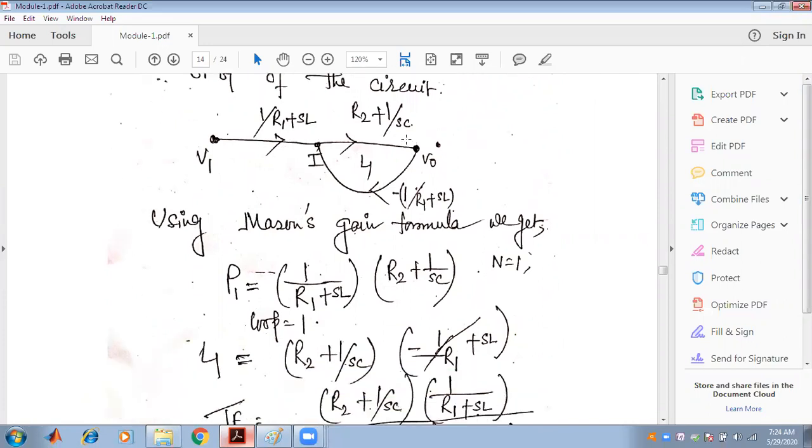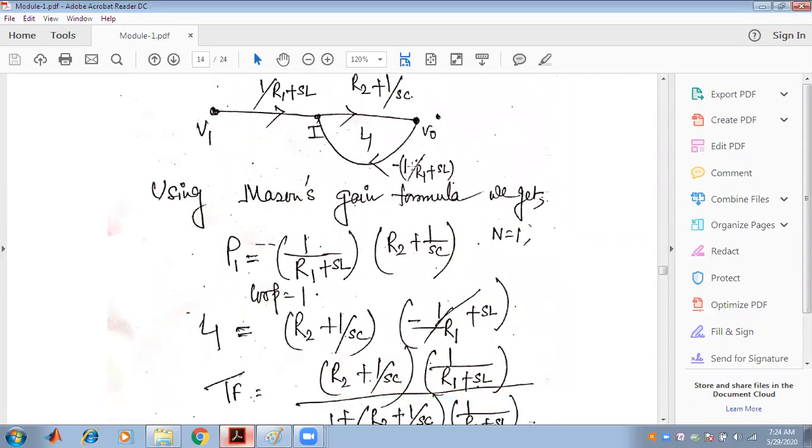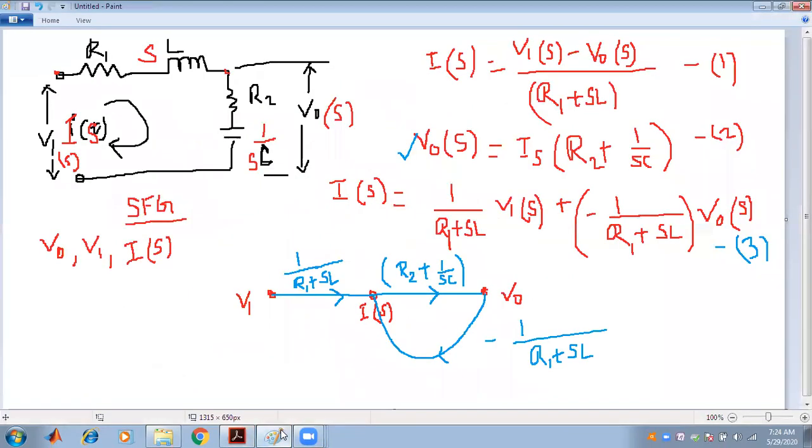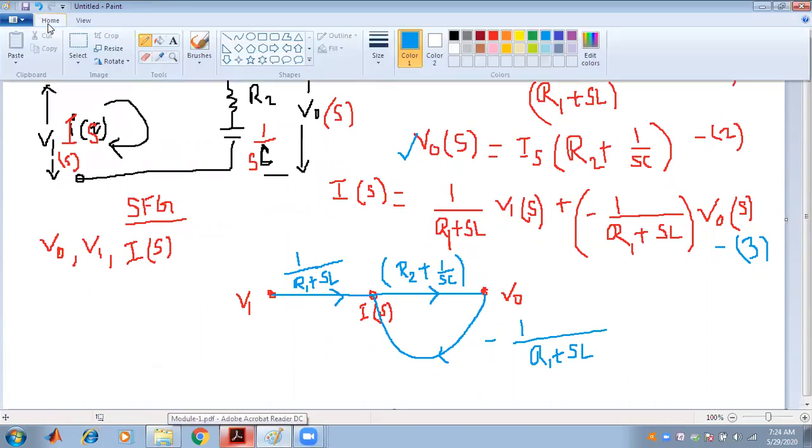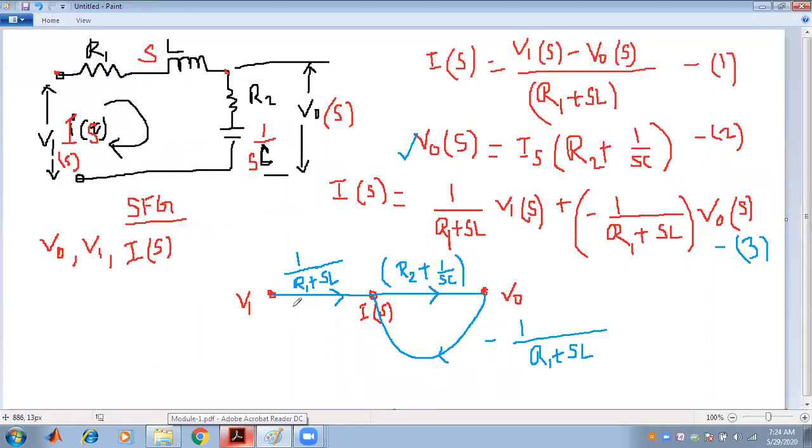The loop is 1, that is seen here, and the gain of the loop is R2 plus 1 by SC into minus 1 by R1 plus SL. This is the only one forward path, and this is the only one loop there is. This is the loop.